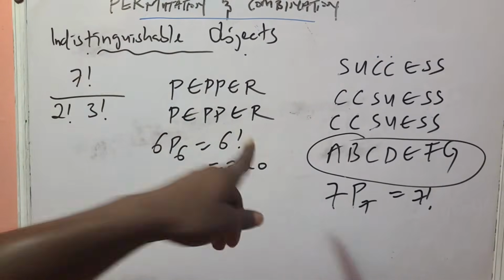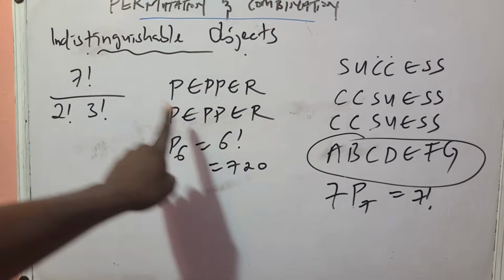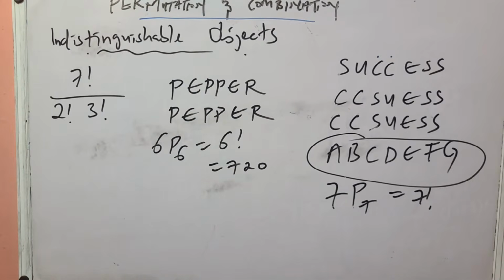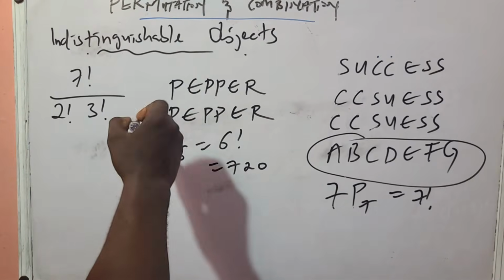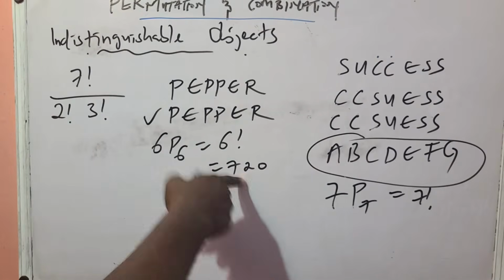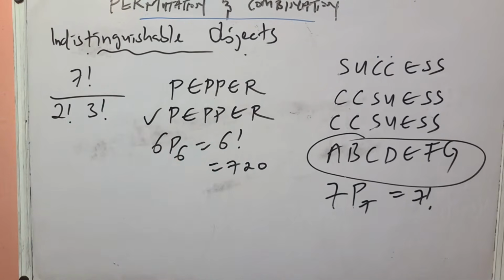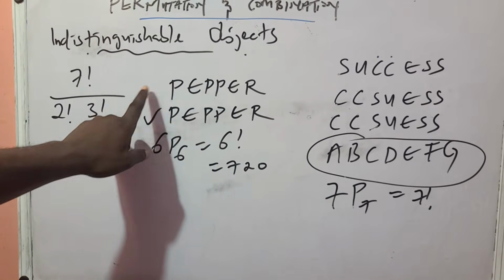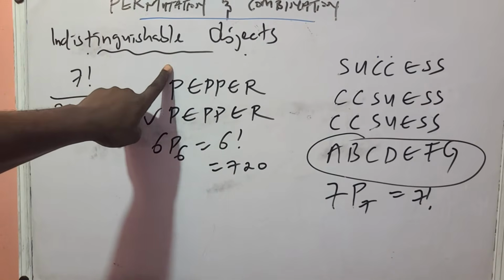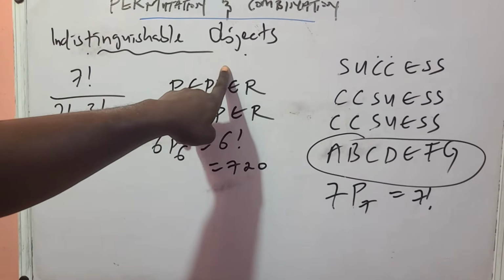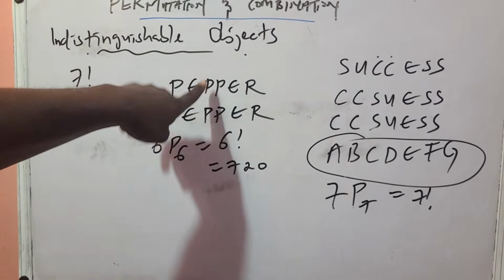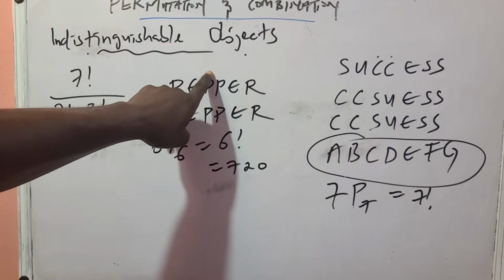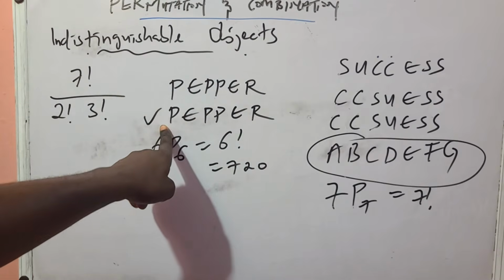But let me tell you, among these 720 ways, this one I wrote here is part of it. I want you to know that this P now wasn't this one, because if this was an object, and this was an object, and this was an object, an example where I may be bringing this second P here as the first can happen.